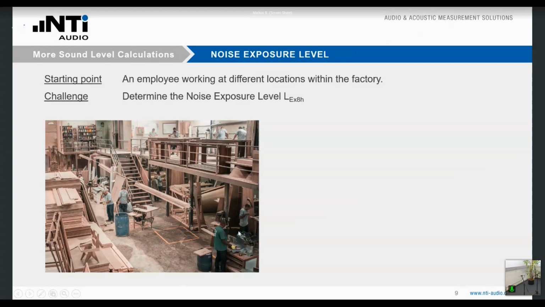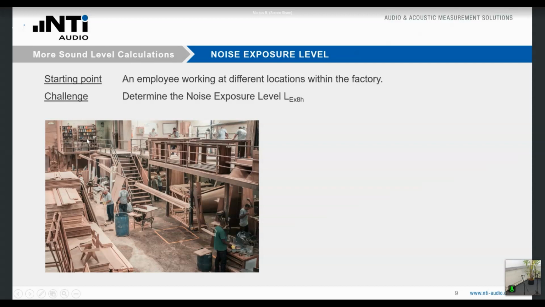So, for instance, here we have a very loud place, but we know this worker is only 3 hours per day up down here. Maybe then the rest of the time, or 5 hours, he's up here with a more silent work, and then maybe he's even in the office with a very low level noise.